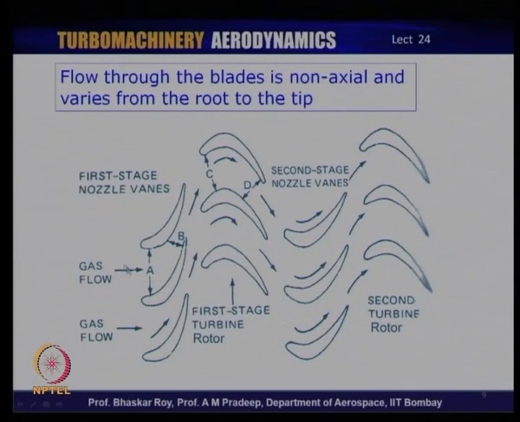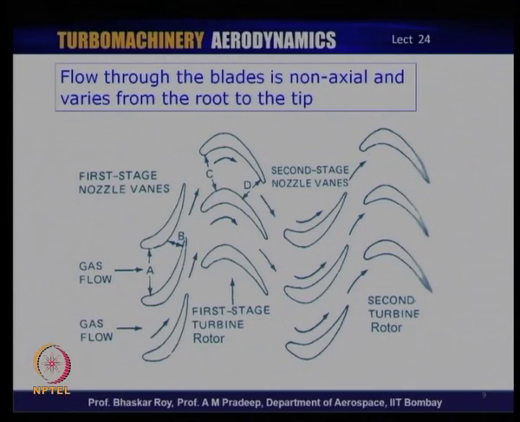So, the gas flow coming from the combustion chamber executes this huge turn, as we have done in the earlier lectures, then takes another fairly large turn to the rotors, does the work or gives up a lot of energy to the rotating shaft, gets into the next row of nozzles, again takes a huge turn and a large acceleration, then gets into the next rotor, now takes a huge turn, gives up again a lot of energy and makes the rotor rotate.